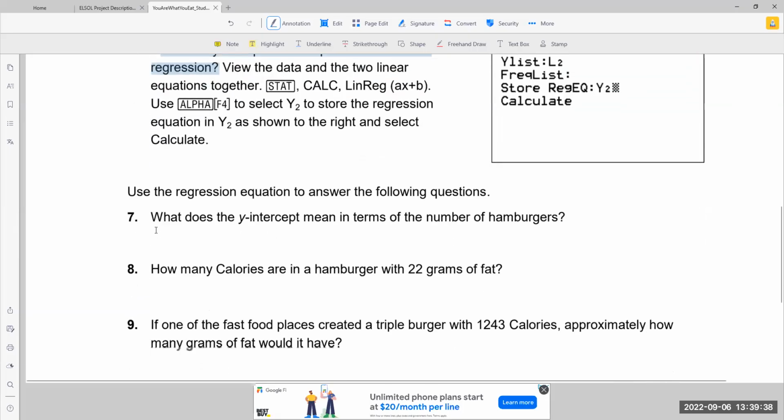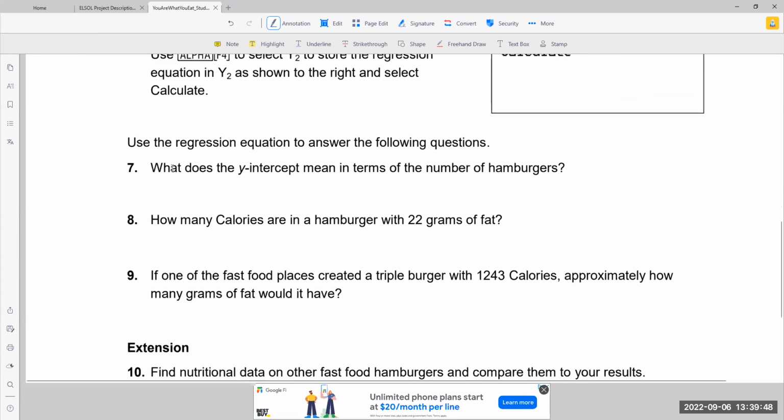So now we're just going to use a linear regression for this part. It says use the regression equation to answer the following questions. What does the y-intercept mean in terms of the number of hamburgers?